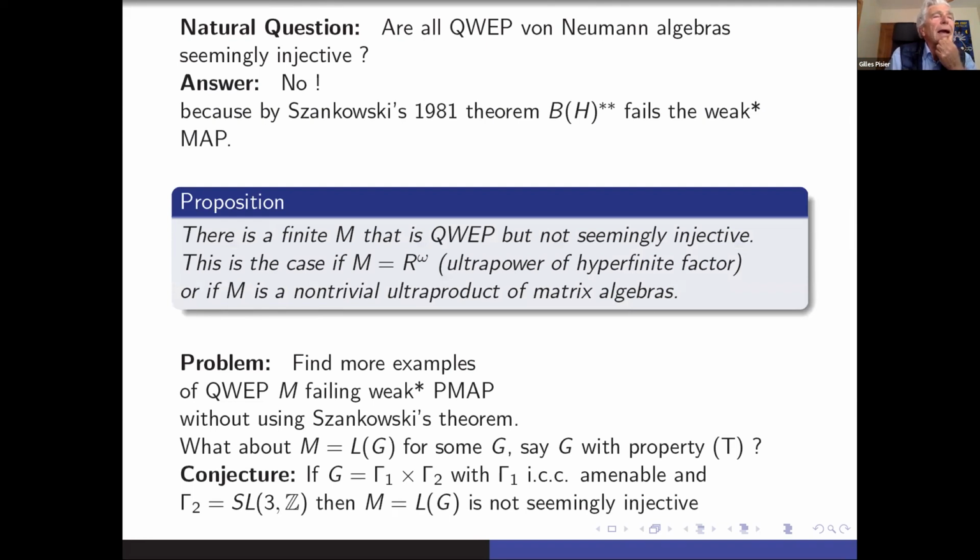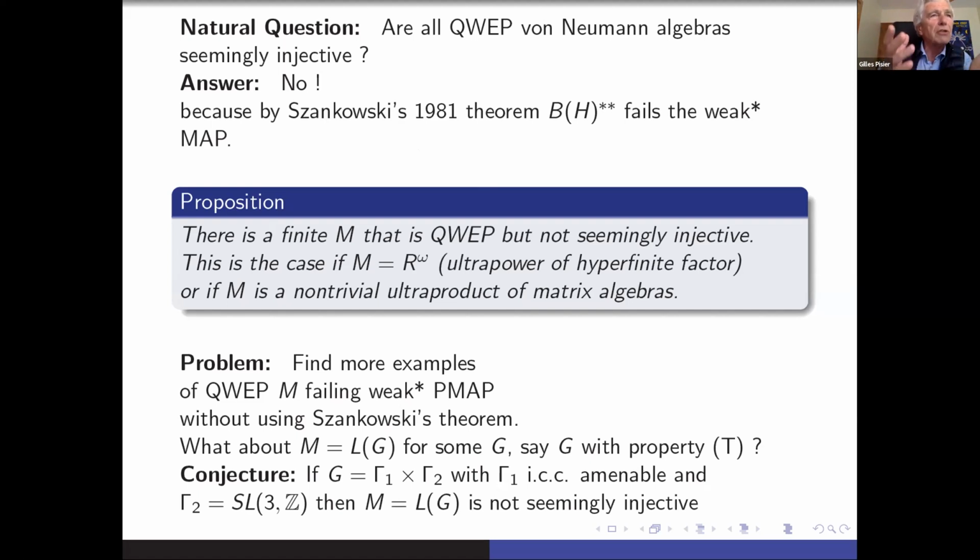But the answer is no, and it is no in a rather unsatisfactory way, certainly unsatisfactory for me, because of a result which I know very well, which I studied 40 years ago when it came out, proved by Szankowski, that the algebra B of H fails Grothendieck's approximation property.